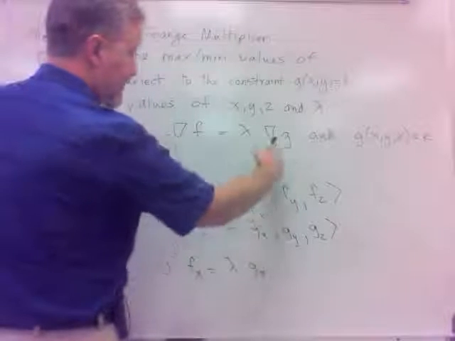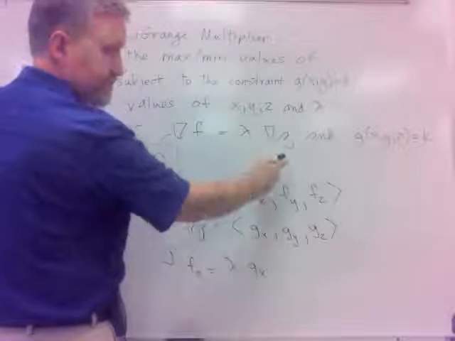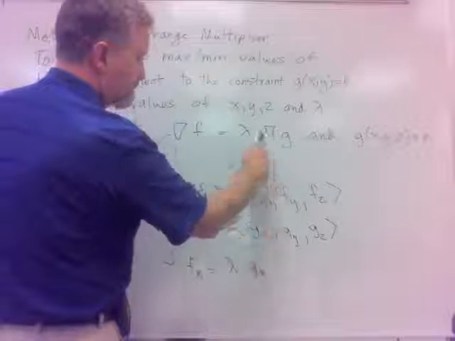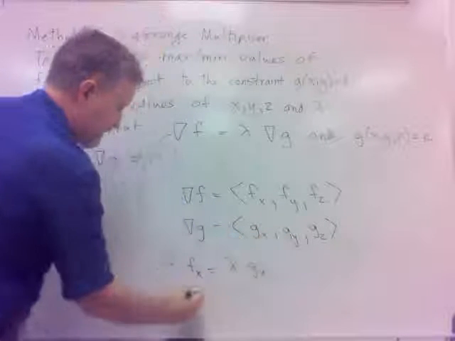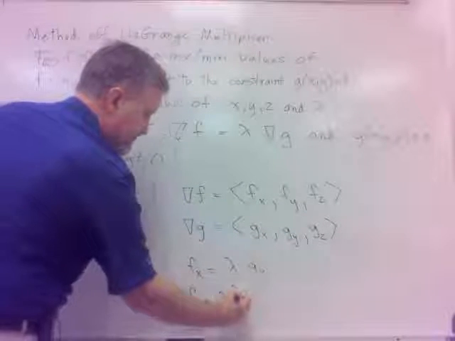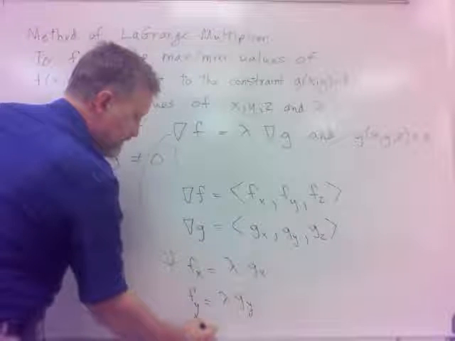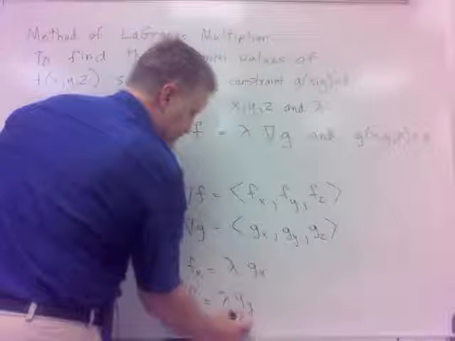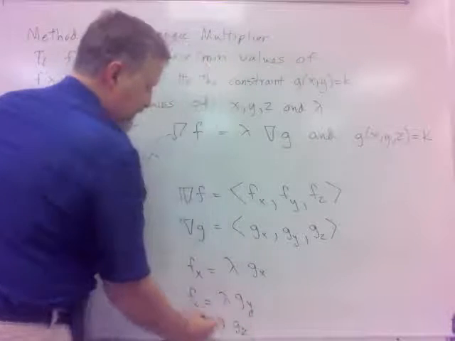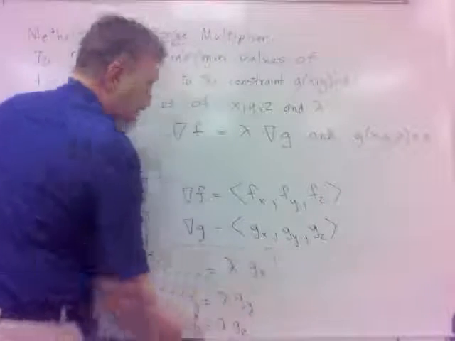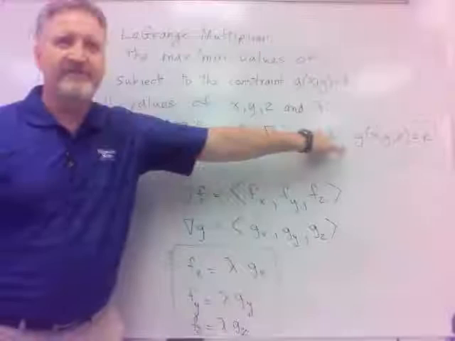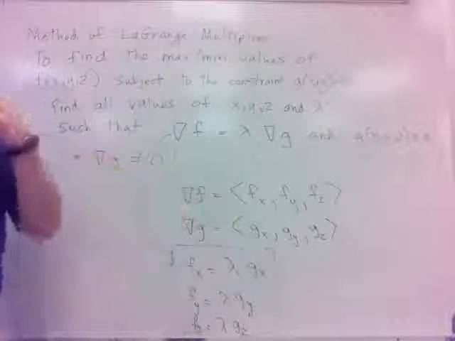And the partial of f with respect to y must equal lambda times the partial of g with respect to y, and the partial of f with respect to z is lambda times the partial of g with respect to z. So really, what this method amounts to is that we've got four equations, these three and this one, and four unknowns.